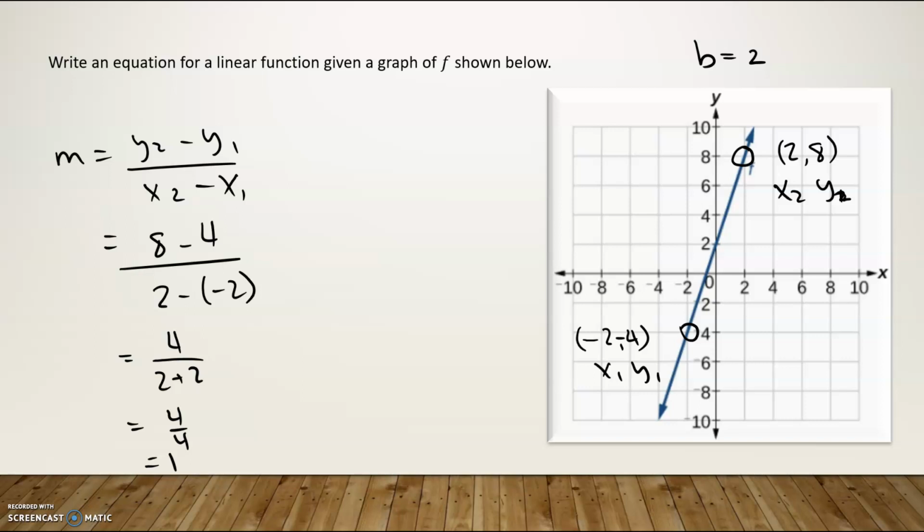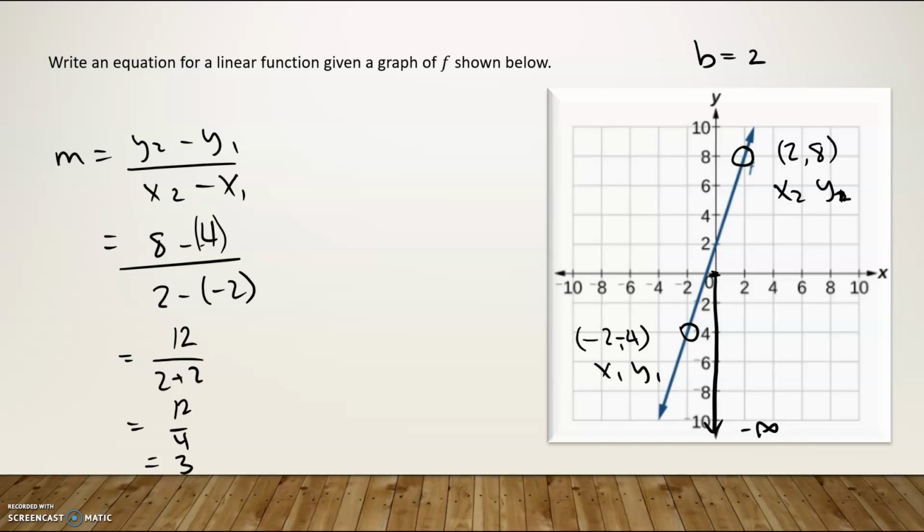This should be a negative 4 right there since it's on the negative portion for y. That starts here, goes down. That's the negative portion for y. Okay, so that means that this should be a negative 4, which means I'll change this. Okay, so that would be 8 plus 4. So we got 12. 12 over 4 is 3.